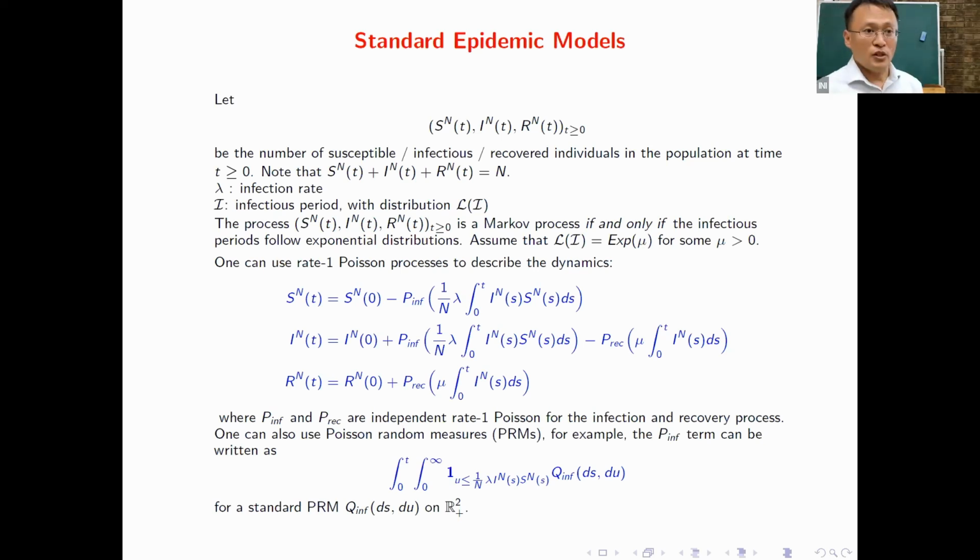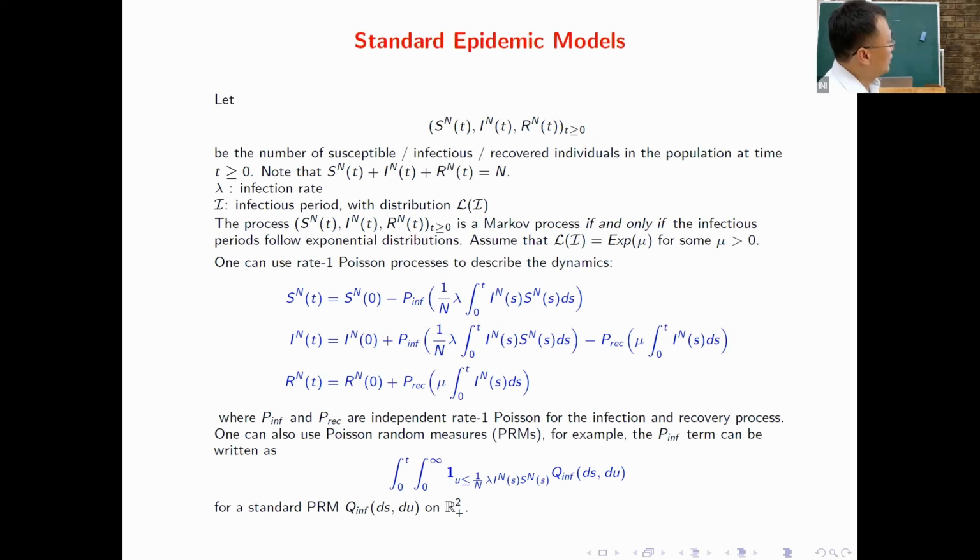If the infection duration has an exponential distribution, then the process is Markov, and the dynamics can be described using rate 1 Poisson processes. The infection rate is just lambda times I S over n. That's the instantaneous infection rate in the population.